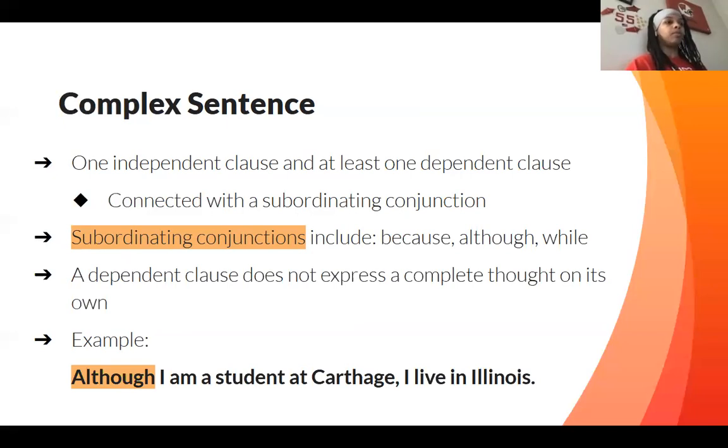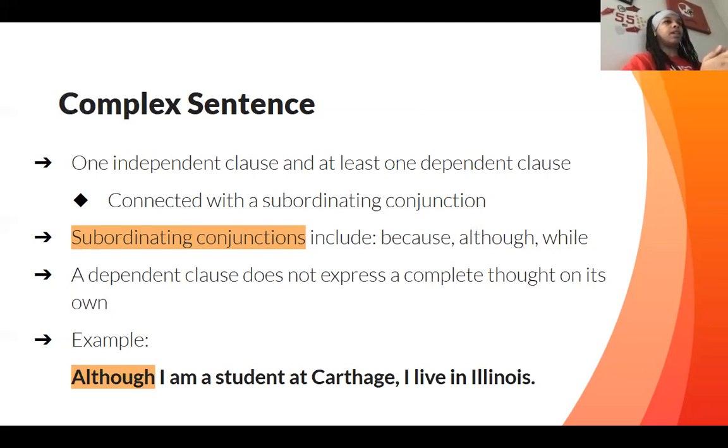And a dependent clause does not express a complete thought on its own. For example, although I am a student at Carthage College, I live in Illinois. I live in Illinois could be a complete sentence on its own, but the dependent clause here, the thing that could not stand as a sentence on its own, is although I am a Carthage College student.